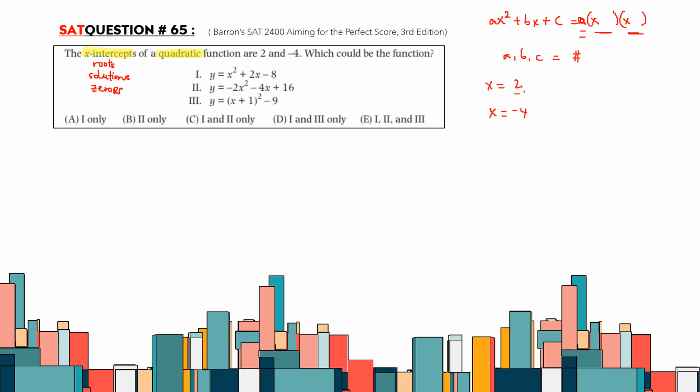For this one, we subtract 2 from both sides: x minus 2 equals 0. For this one, we add 4 to both sides: x plus 4 equals 0. So the function f of x should be in the form a times (x minus 2) times (x plus 4).